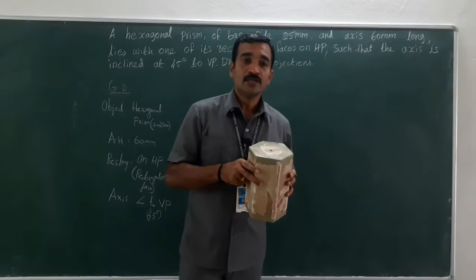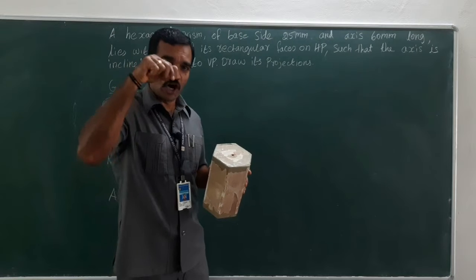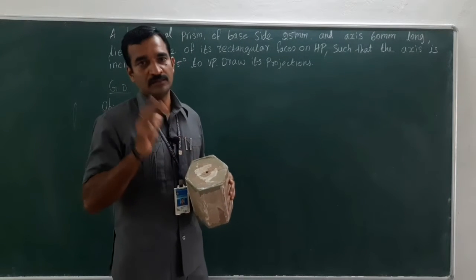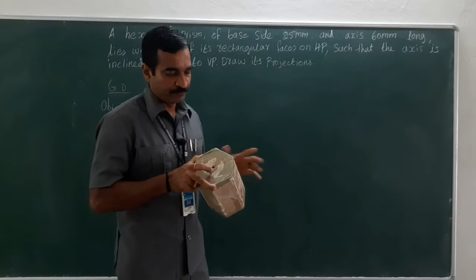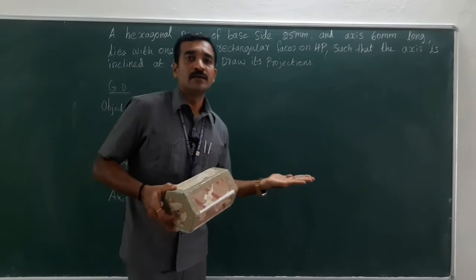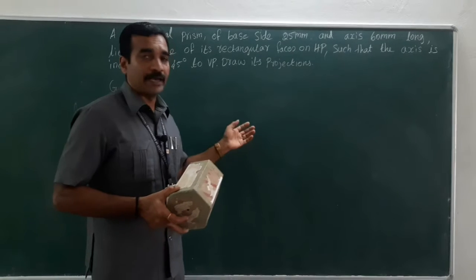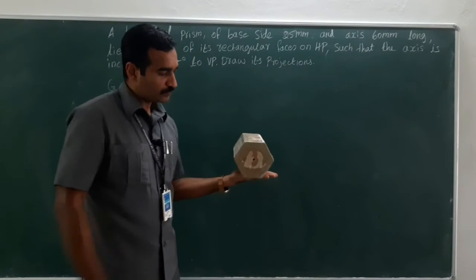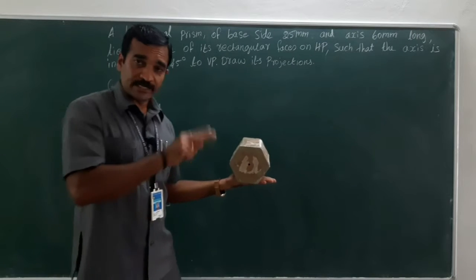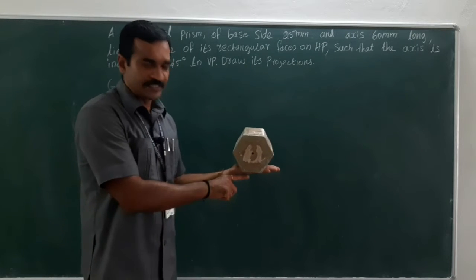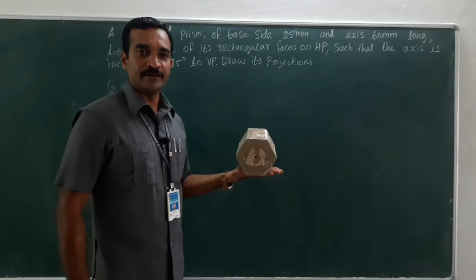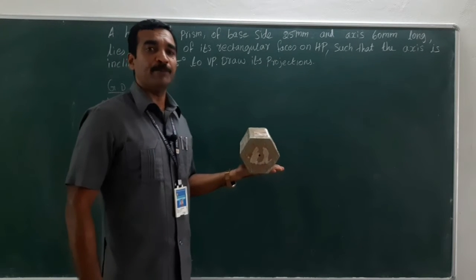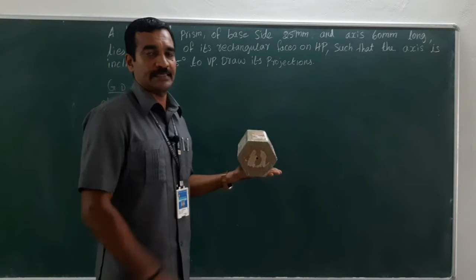So, how is it resting? It is resting on HP with one of its rectangular faces. Assume my hand is a horizontal plane and the board is a vertical plane. Now, if I rest it in this manner, it is resting on HP with one of its rectangular faces. When you look from the front, you could see the true shape, that is hexagon.